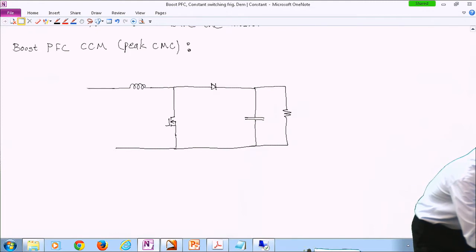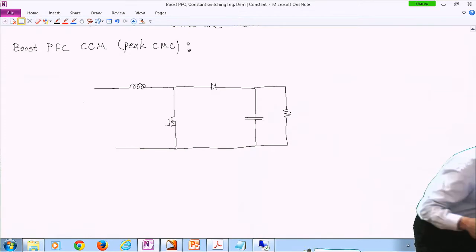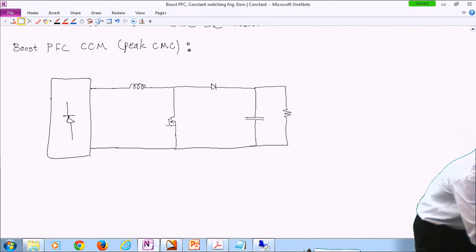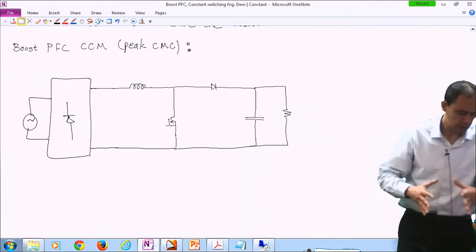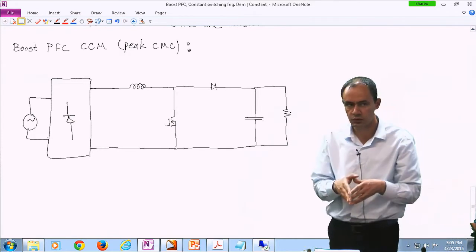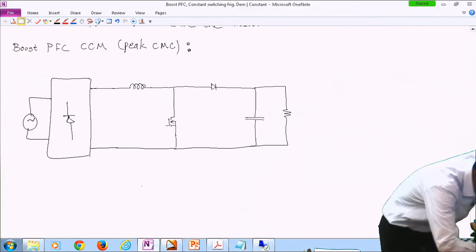We just draw it. Let me just not draw it in detail, because I'm going to make a mistake. Okay, something like this. So remember, we are looking at current mode control. The most common one that we have used before is peak current mode control. So let me draw a peak current mode control block here.